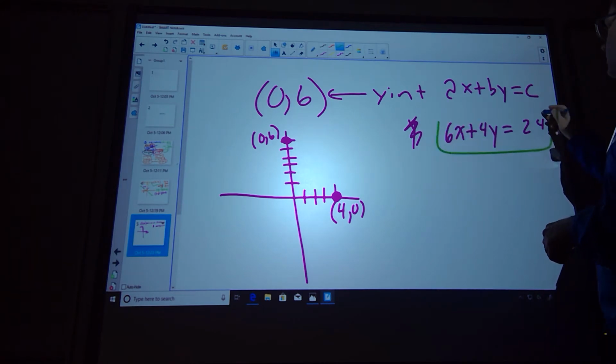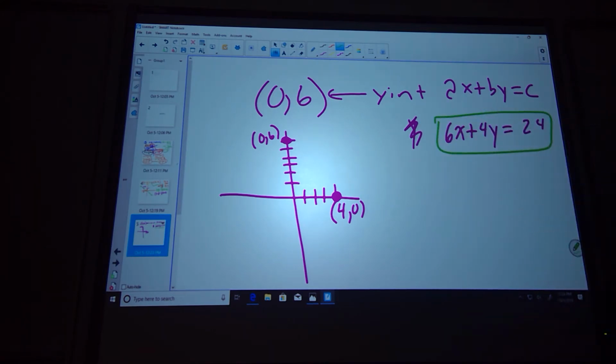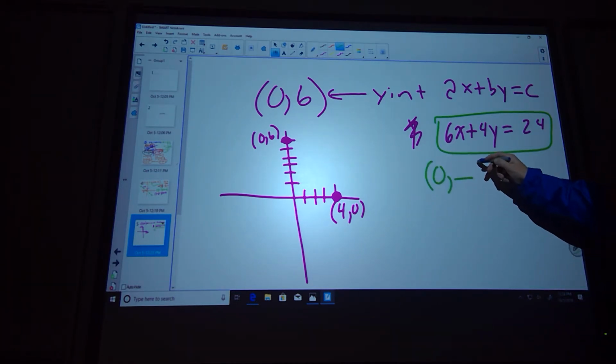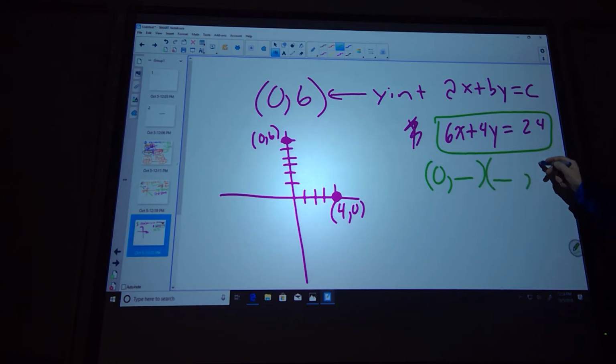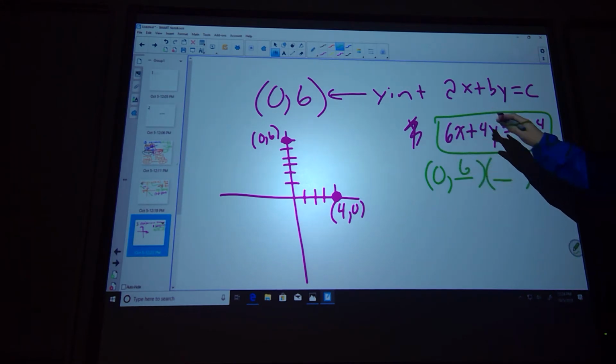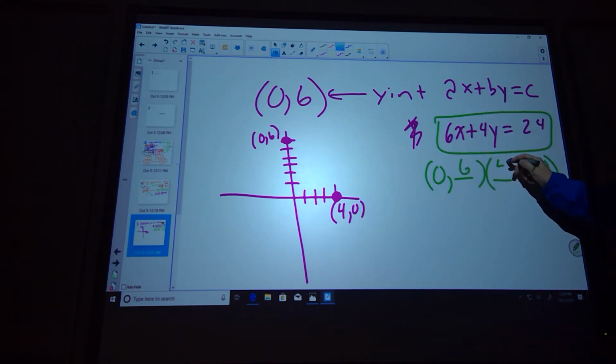When I use the cover method on this equation, I find the x and the y-intercept. You might remember I was doing this, 0, comma, blank, and blank, comma, 0. So this means I'm covering up that, which gives me a 6. That means I'm covering up that, which gives me a 4, which totally agrees with this.